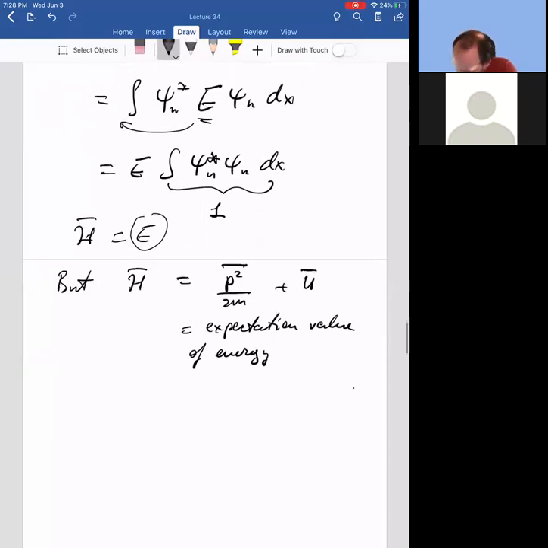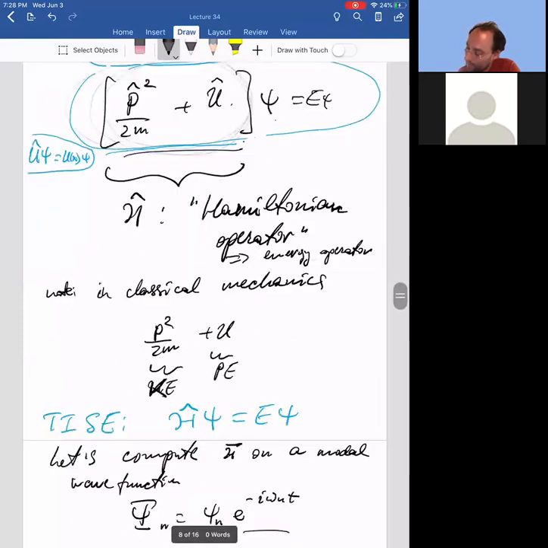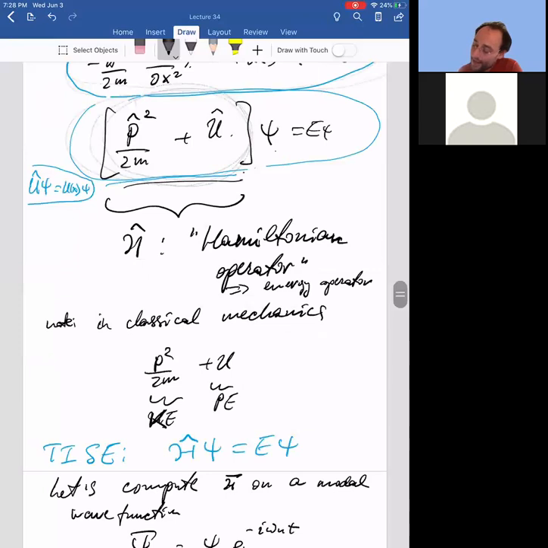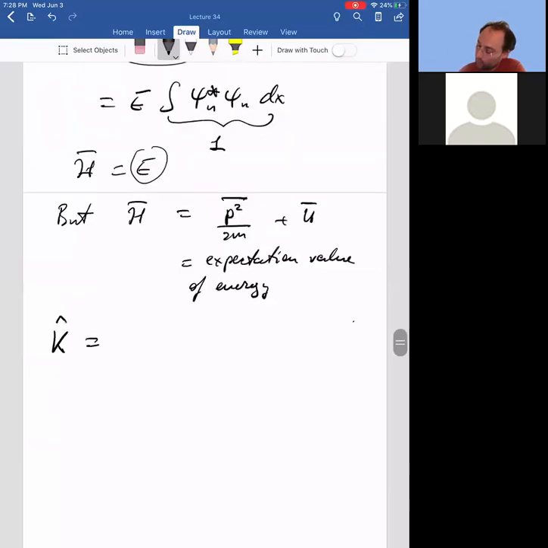By the way, if you look at this, this is the kinetic energy operator. It's how you would write the kinetic energy in classical mechanics, but you promote p to the status of an operator. So instead of writing p squared over 2m, you say it's p hat squared over 2m.